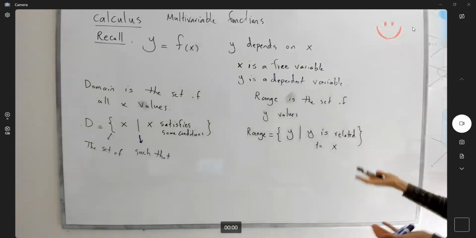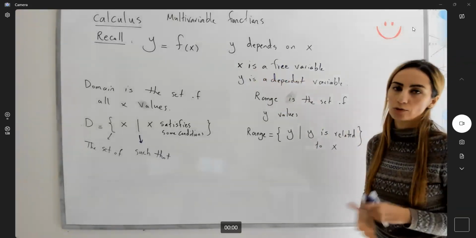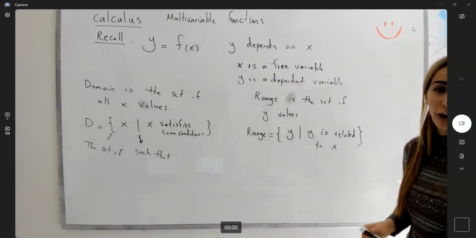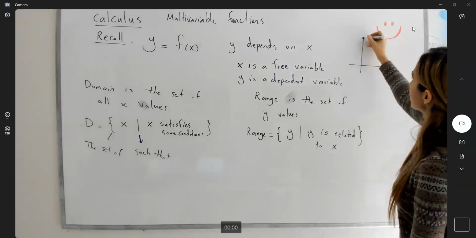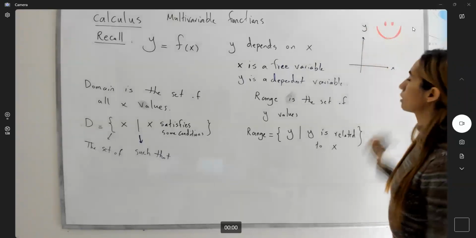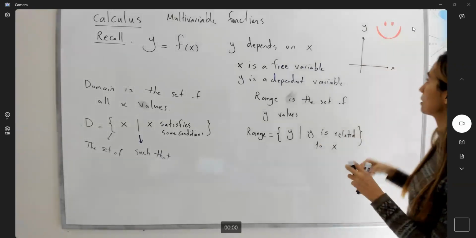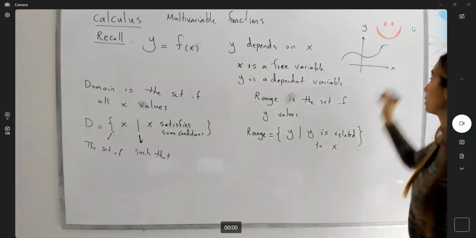So note that here we only have one free variable. Okay. When you try to graph this function defined in the x, y plane, it has some curve representing the graph of this function, whatever it is.